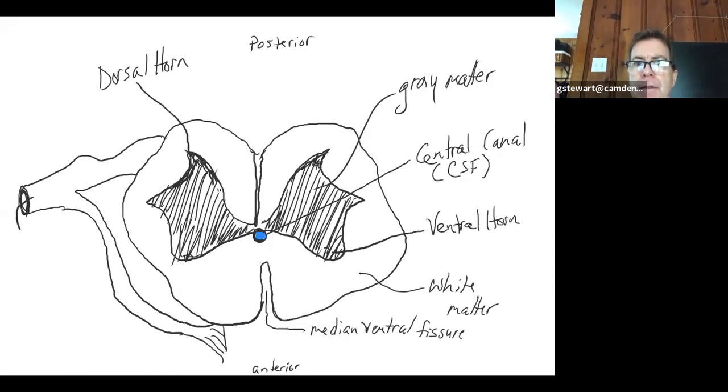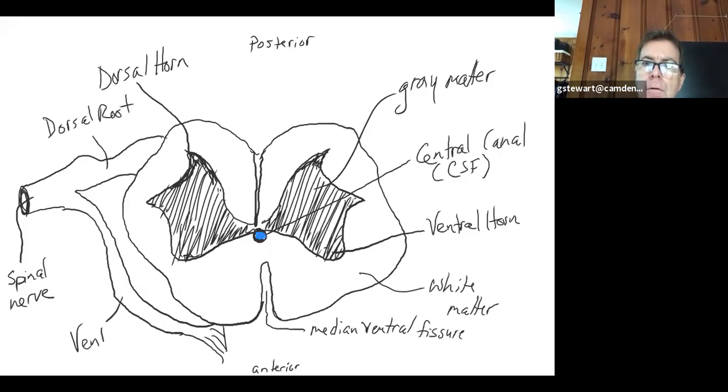So I'm just going to label this spinal nerve. And there's a dorsal root and a ventral root. I'm not even going to label this, but this bulge that I've drawn is called the dorsal ganglion. But I'm going to leave it at dorsal and ventral roots.